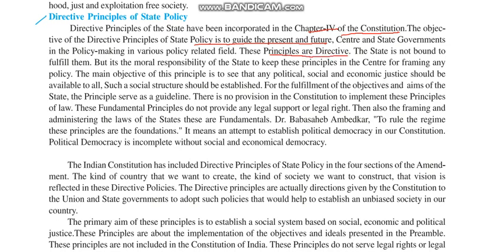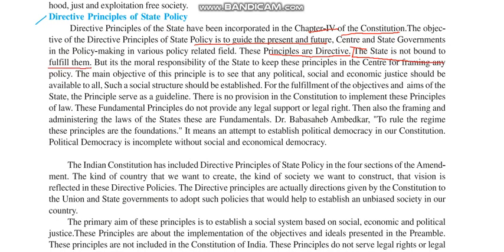These principles are directive. Directive means it gives you direction, it doesn't force you. If you follow that direction, the results will be good and better. The state is not bound to fulfill them. This is a very important line, remember this. The state is not bound to fulfill them.